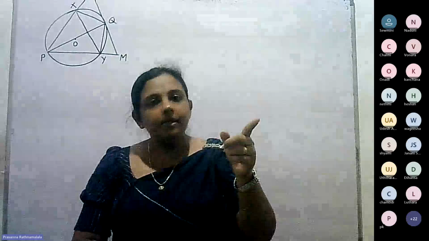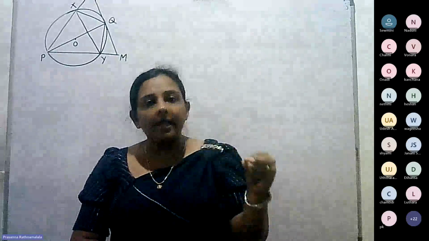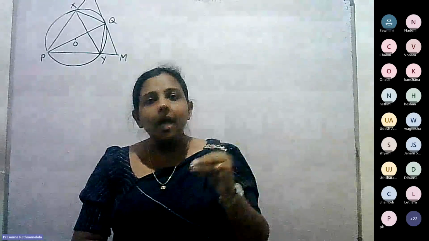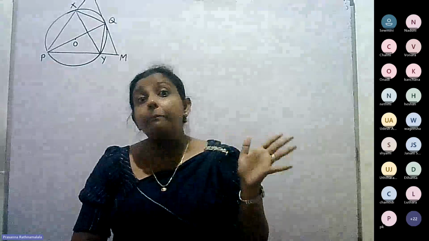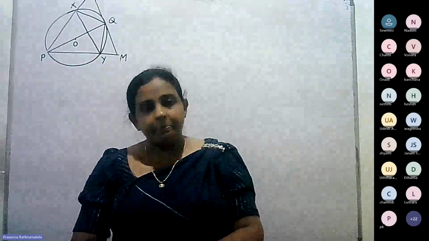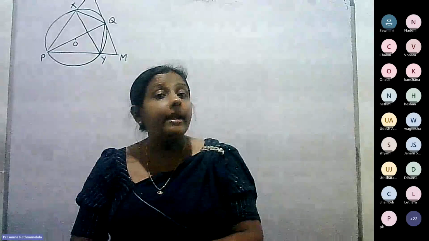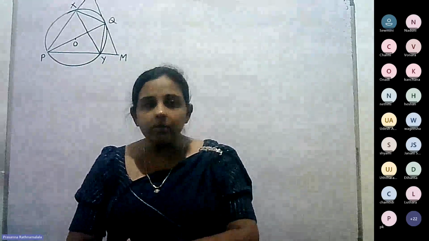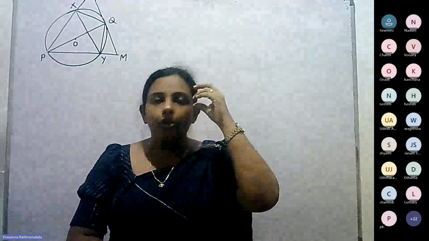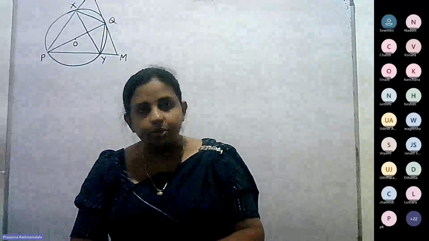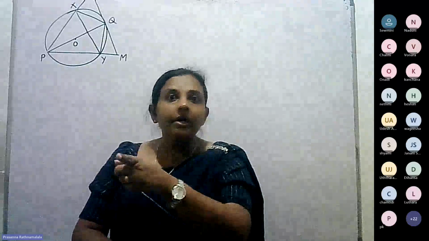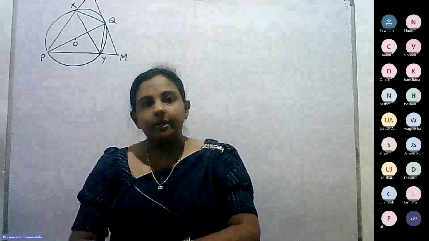What are they? You know that the opposite angles of a cyclic quadrilateral are supplementary. That means the sum of the opposite angles is 180. And the other one: when a side of a cyclic quadrilateral is produced, the exterior angle formed equals the interior opposite angle of the cyclic quadrilateral.